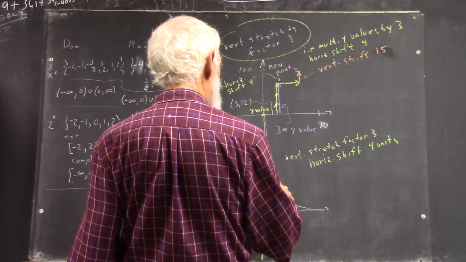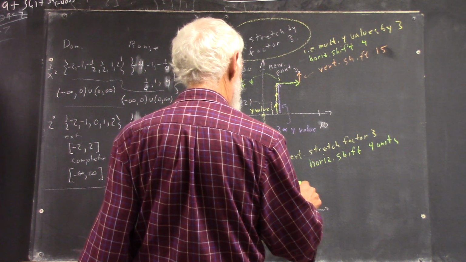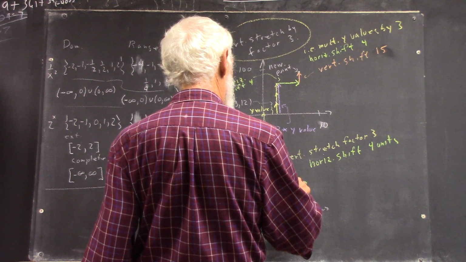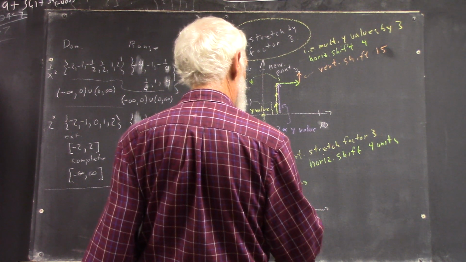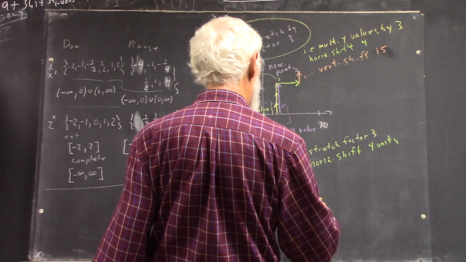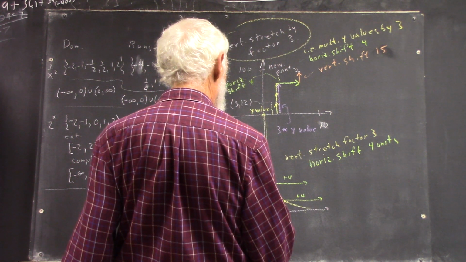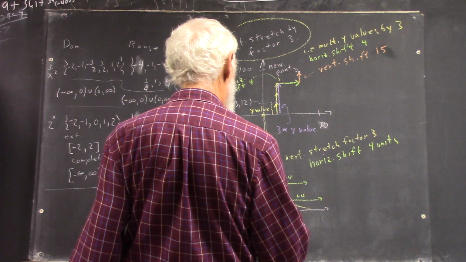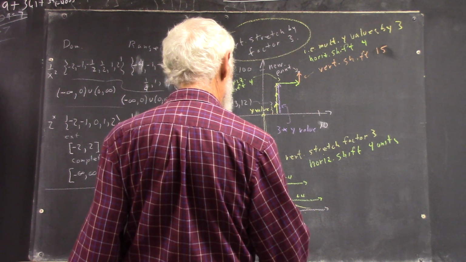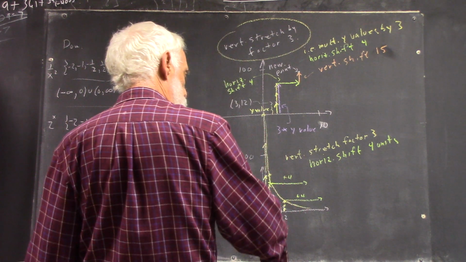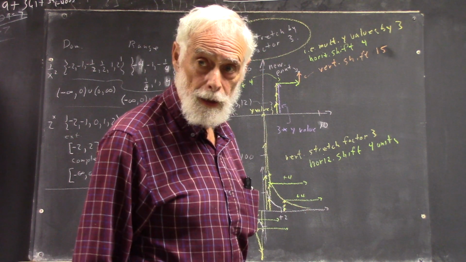This point here then moves over 4 units. This point moves over 4 units. This point moves over 4 units. This point moves over 4 units. And this point down here, which you can't get to, you see what's going to happen.